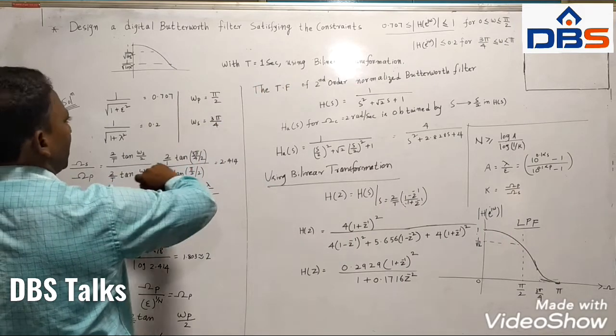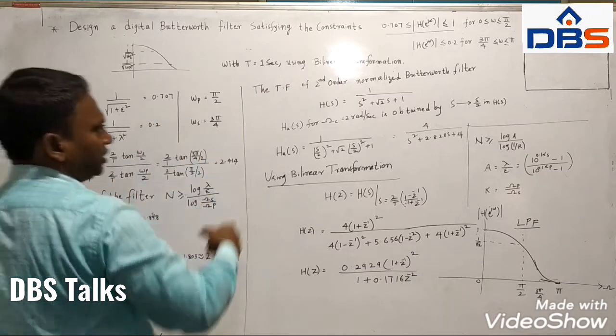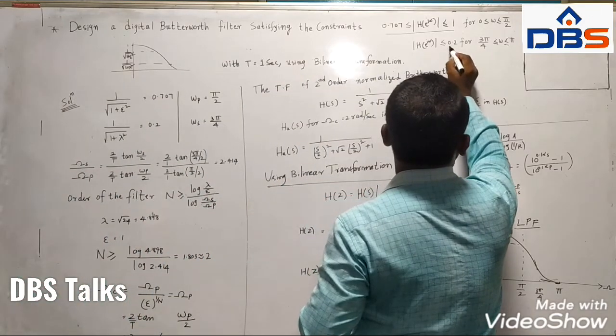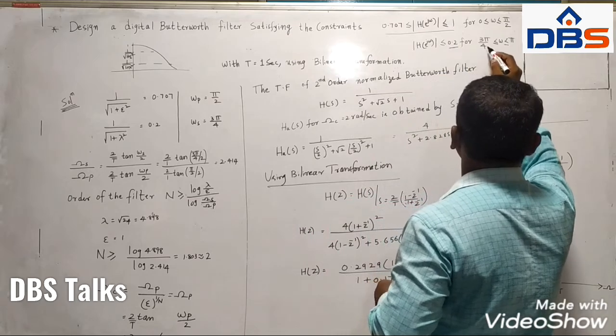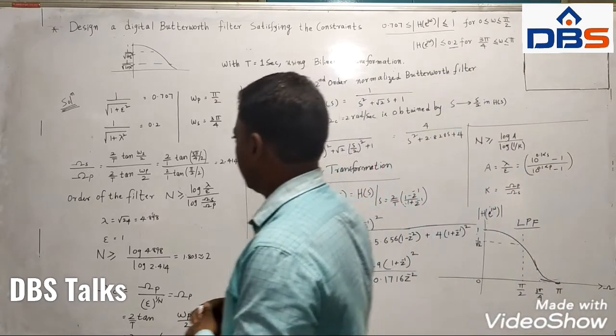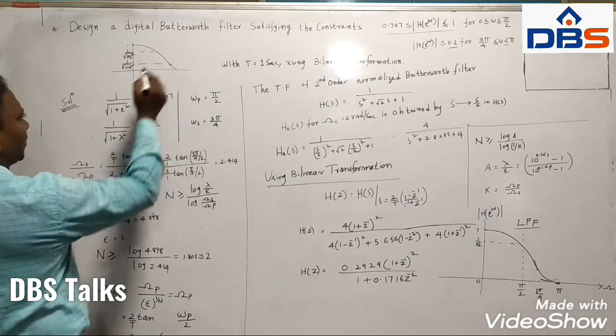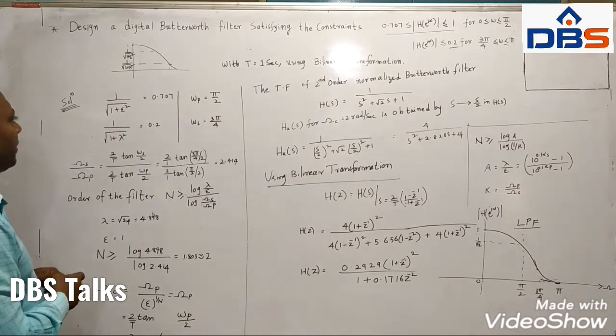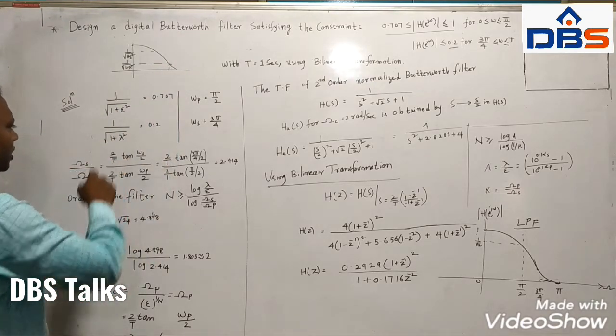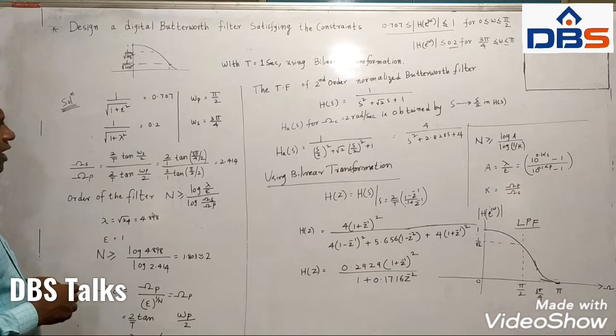That value is given. And the other thing, you see this is 0.2 between 3 pi by 4 and pi. So for the stop band parameter, 1 by under root 1 plus lambda square is equal to 0.2.